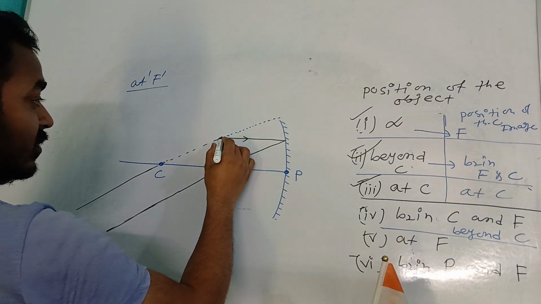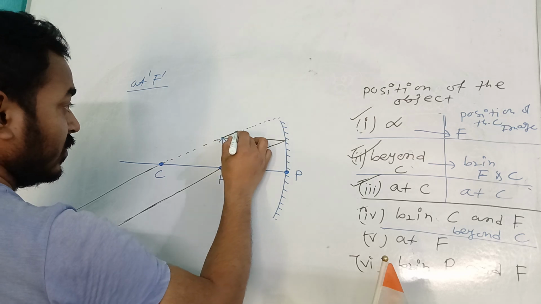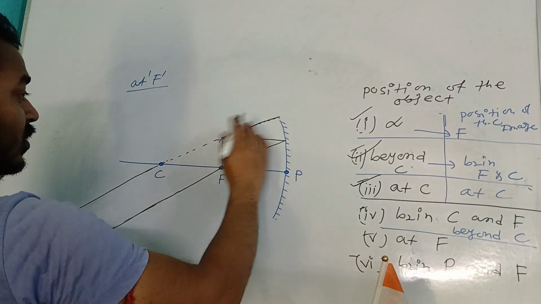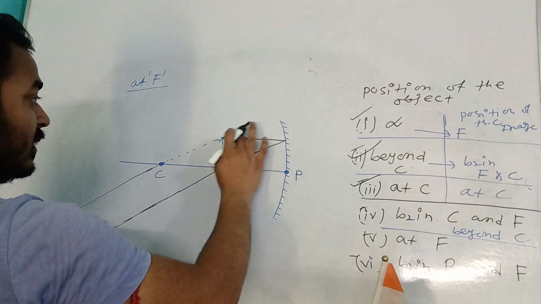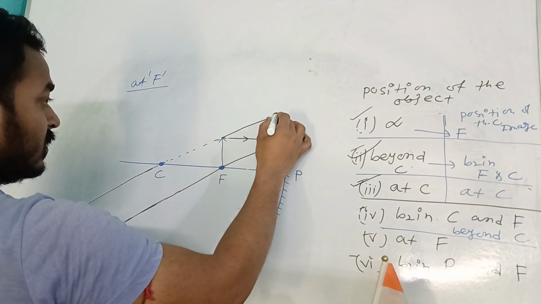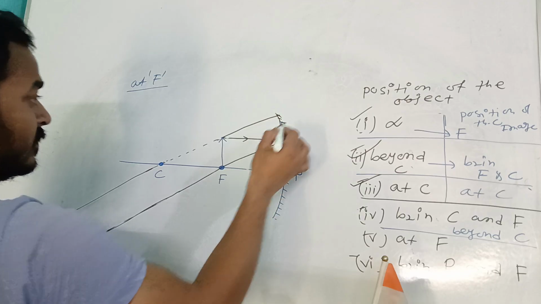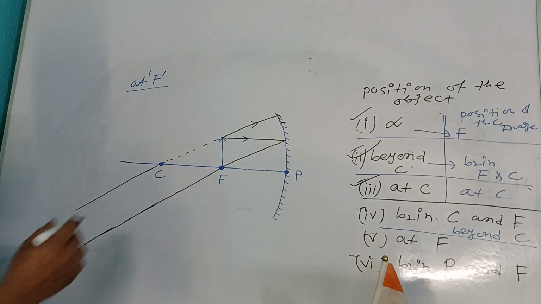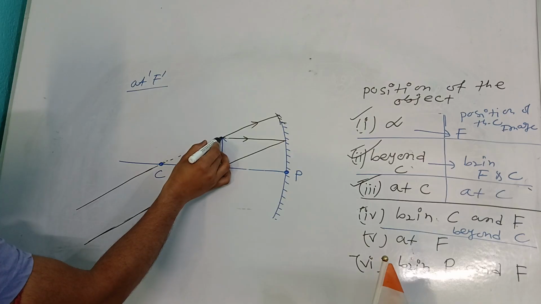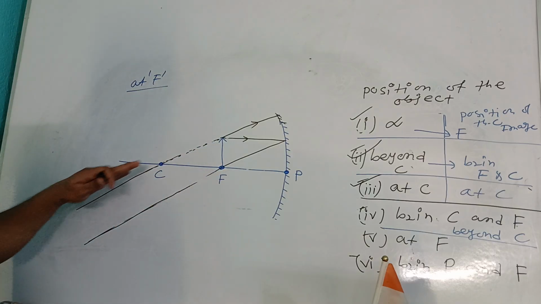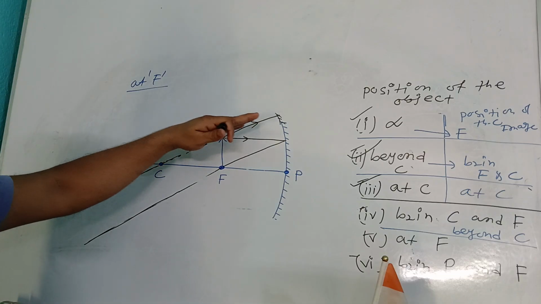I am taking one ray which is normal, it is quite bent. Up to this. So this is normal incident. So if I extend it, as if it is going through C, normal.